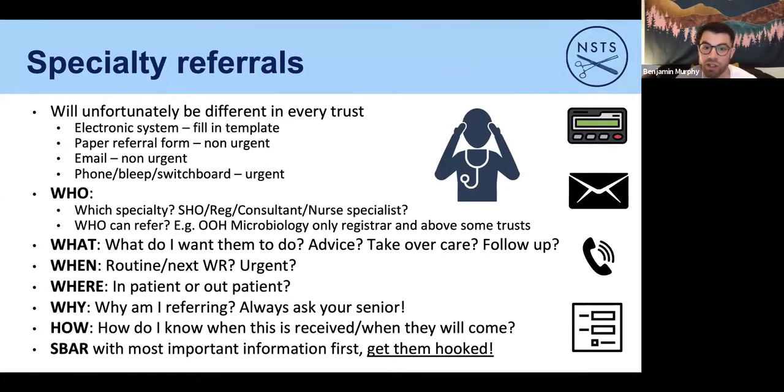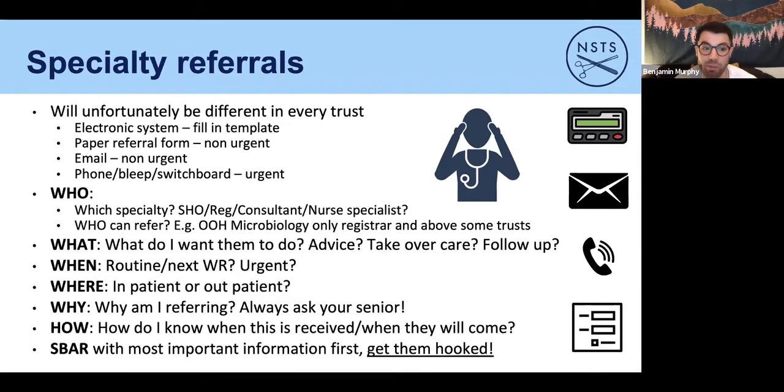Or can you refer to a nurse specialist or liaison mental health? Like, which specialty do you want? And then within who can refer. So sometimes out of hours in some trusts, as an F1, you won't be allowed to phone the microbiology consultant on call. And they'll say that it has to be a registrar, which is ridiculous because your reg will know less than you about the patient because you're the one that will have been seeing them.